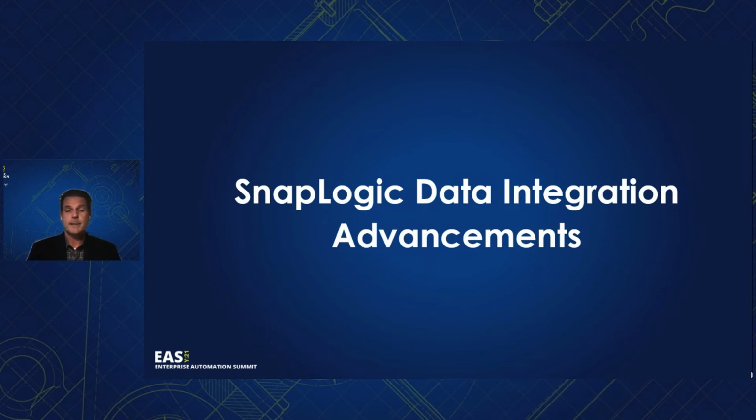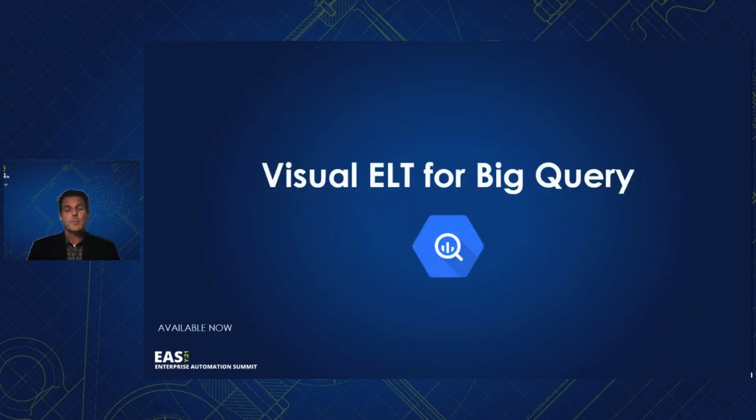From a data integration perspective, here are some of the advancements that we are working on. We mentioned building out our ELT capability, the extract, load, and transform. We continue down that path, and ELT for Google BigQuery is the last of the major cloud vendors' cloud data warehouses that we'll support.